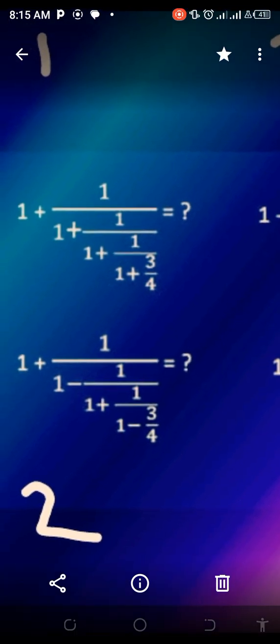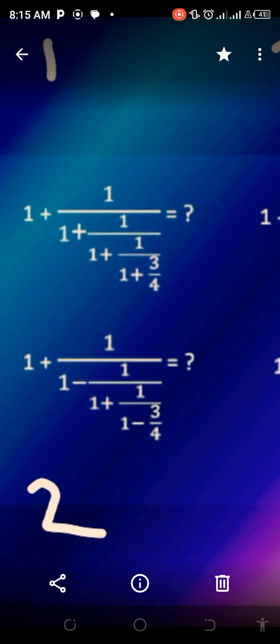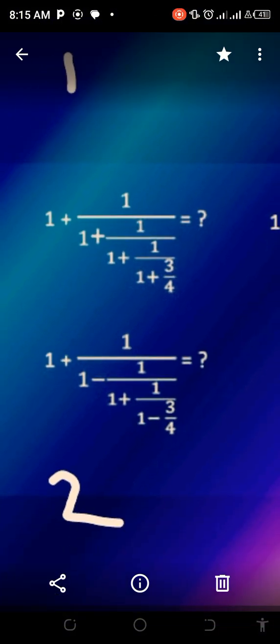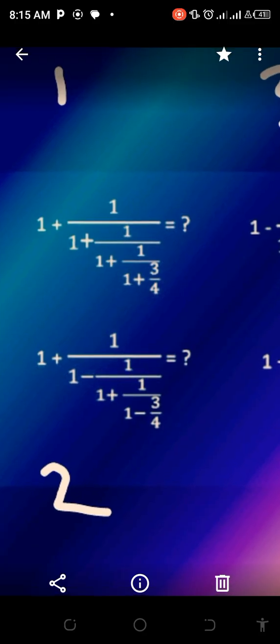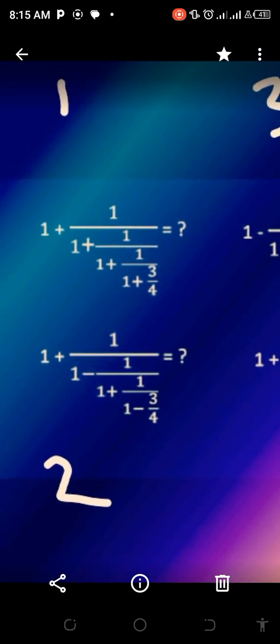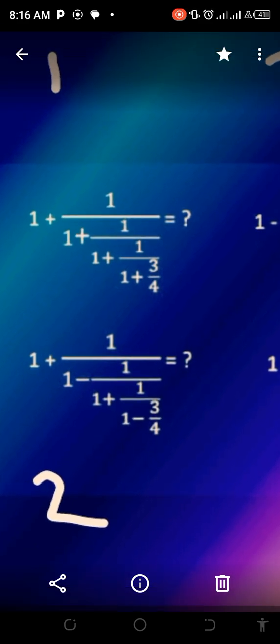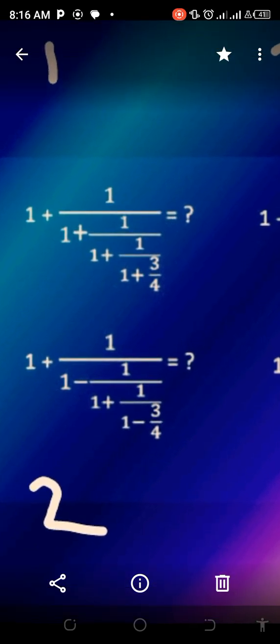Okay, let me ask you a question here. Look critically at ladder fraction 1. How many ladders does it have? Not 3 ladders. Yes, 4. You are right. It is a 4 ladder fraction.